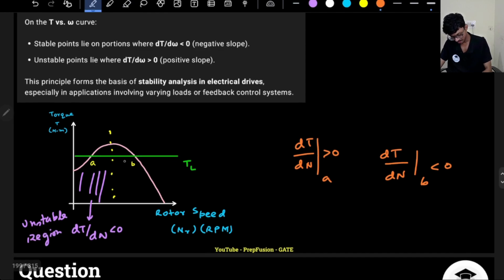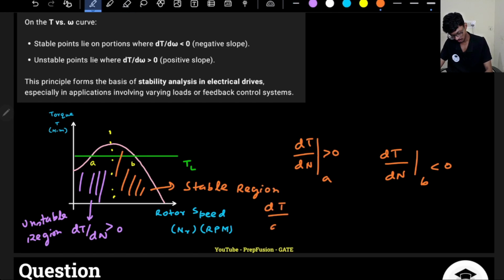And this particular region is the stable region, in which dT/dN is negative. Sorry, I misspoke earlier: in the unstable region it is always positive, and in the stable region it is negative.